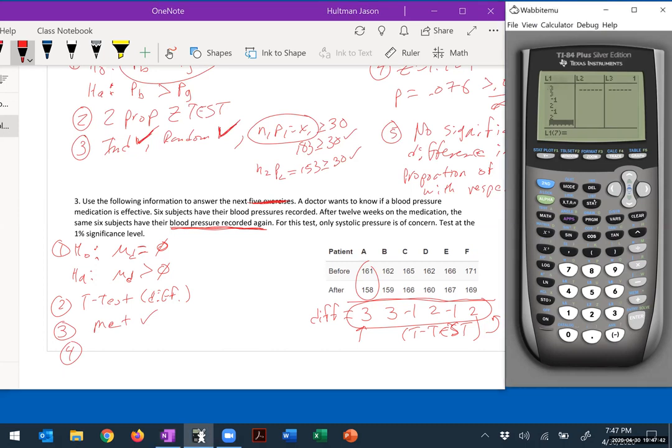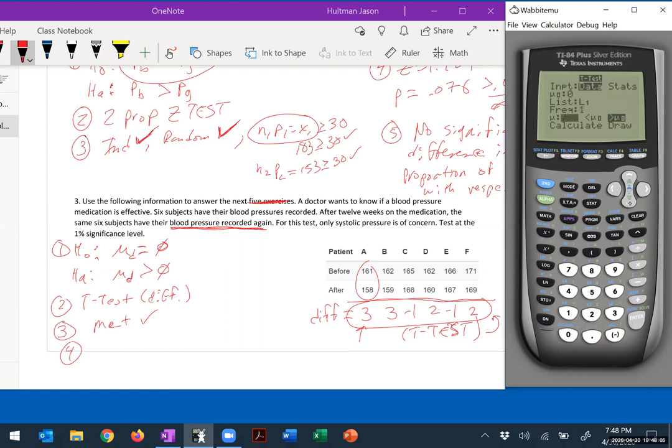I'm going to go to stat, tests, and this is just a normal t-test. What's mu sub 0? Well, it's 0. What's the list that I want to pull from? I put everything in list 1. So that's second 1.